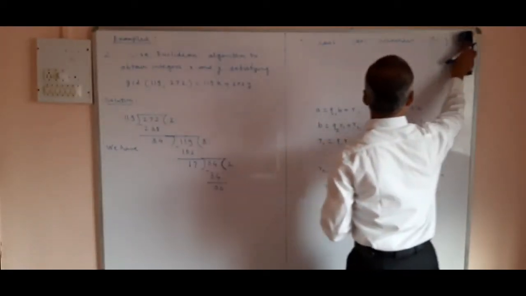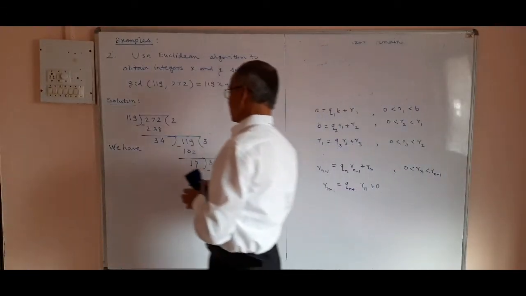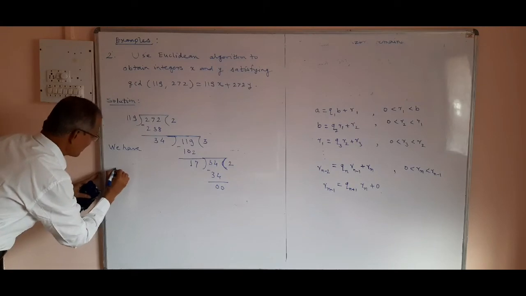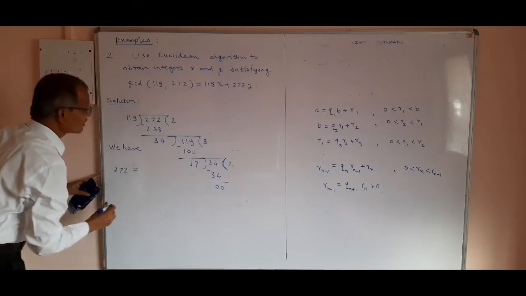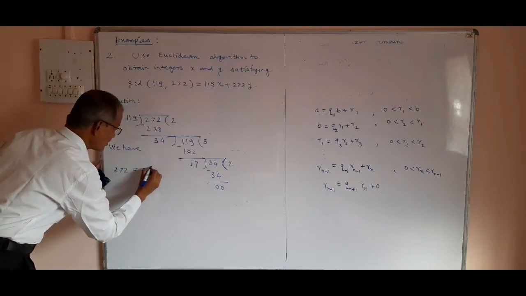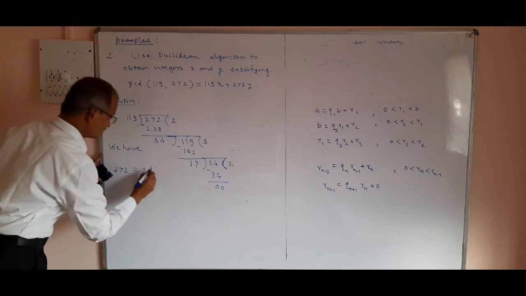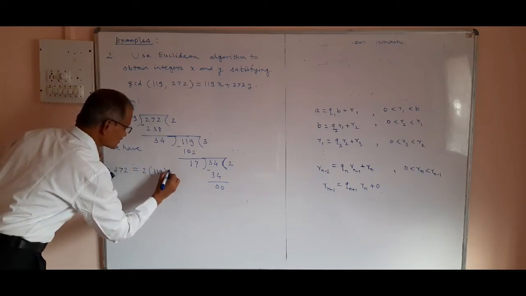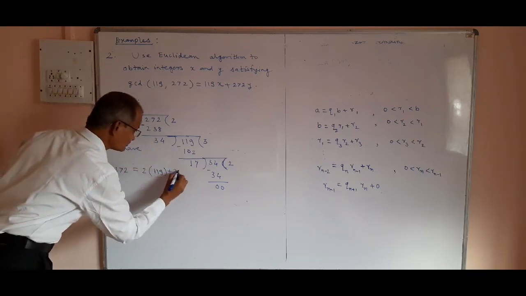And now we have the equations corresponding to this. We write the equations like this: A is equal to Q1 B plus R1. The first equation is 272 is equal to 2, that is Q1, times 119, that is B, plus R1, which is 34.